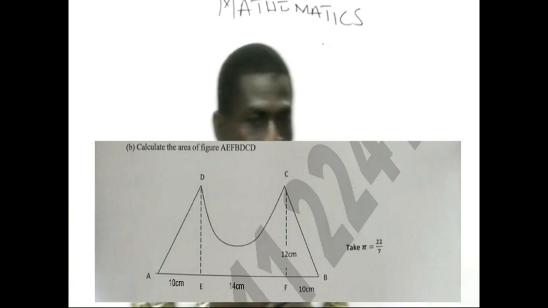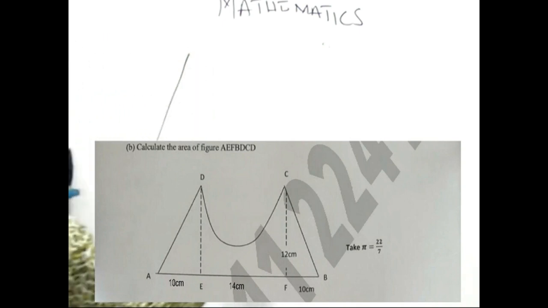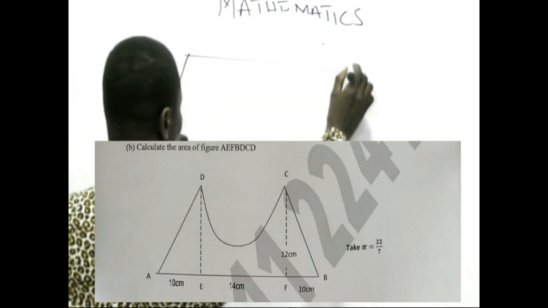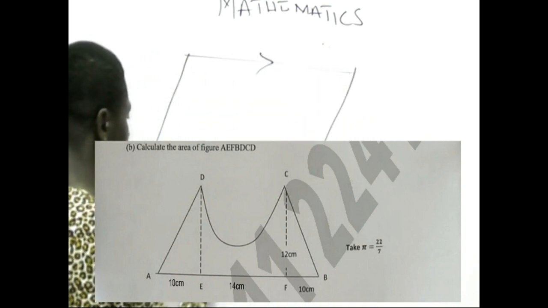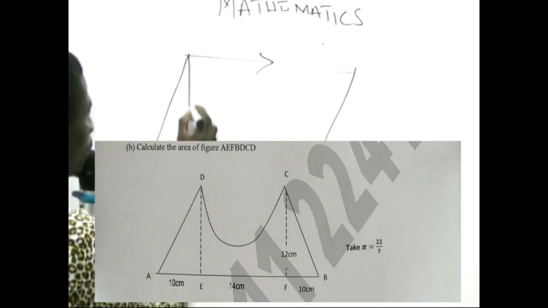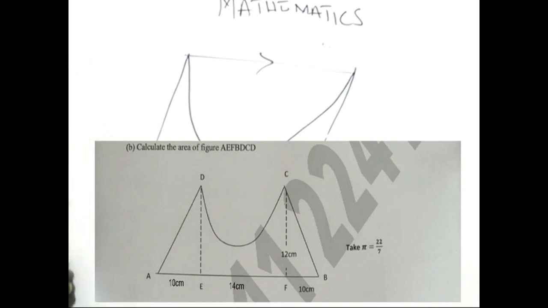And so if you look at the diagram that has been shown, you can see these are the parallel sides, but they have cut out a semicircular portion on that.